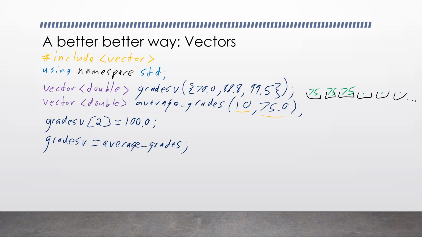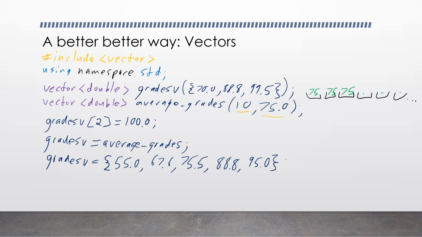Okay, and then if I don't like that anymore, I can say grades_v equals 55.0, 67.6, 75.5, 88.8, 95.0.